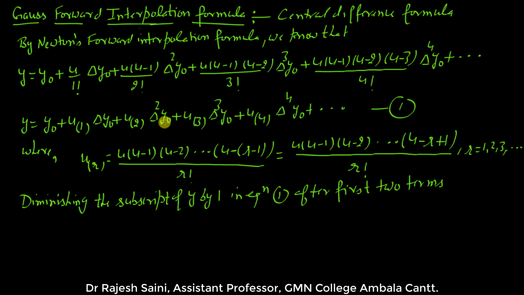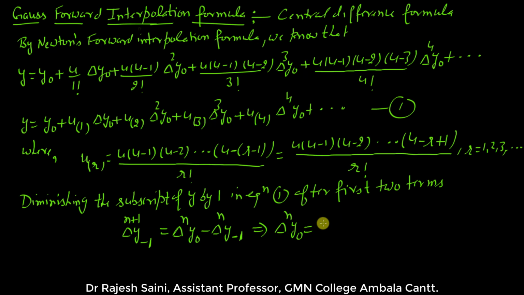This is delta square y naught, this is delta cube. So if we have to diminish any nth order forward operator, say it is y naught, the subscript here should be minus 1, because diminishing 0 by 1 gives minus 1. So by definition, this will be the forward operator of order n plus 1 at minus 1. From here we can calculate the value of delta n y naught.